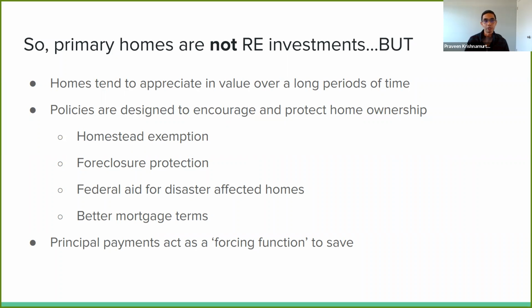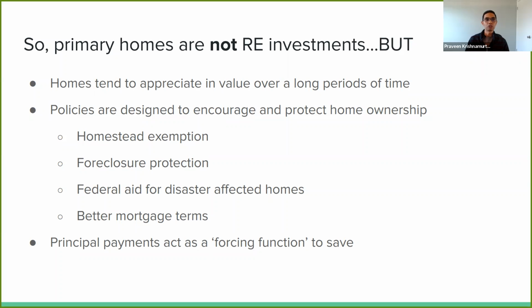Having said all this, primary homes are not traditional investments, but there are a lot of reasons to consider primary home ownership. The first thing is homes tend to appreciate in value over a long period of time. So there is some financial gain there if and when there is an exit from your homeownership.